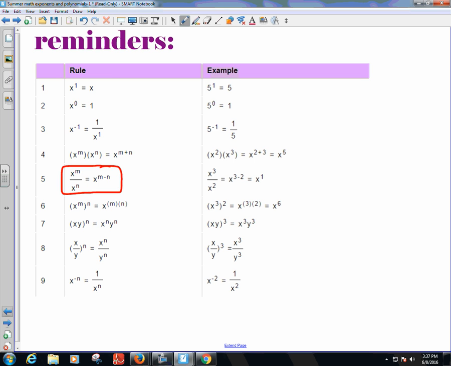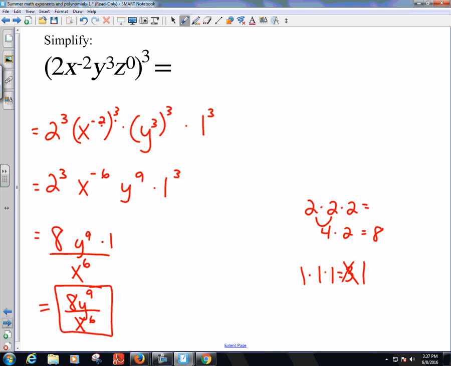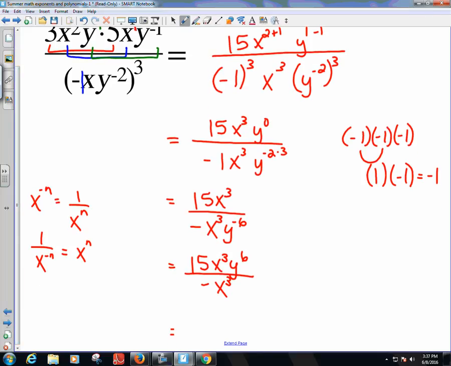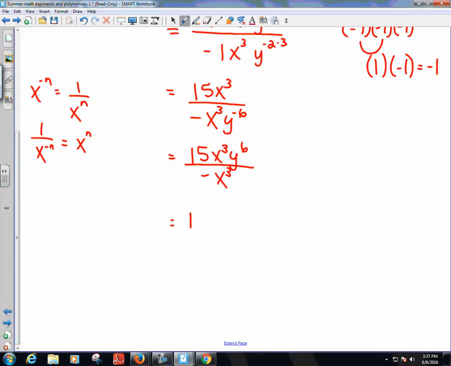All right, so let's go do that. All right, so this becomes 15x to the 3 minus 3. I'm taking 3 and I'm subtracting 3. Y to the 6th, and then this is over -1.